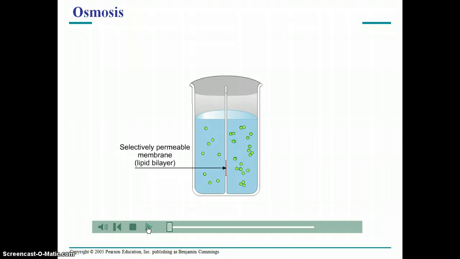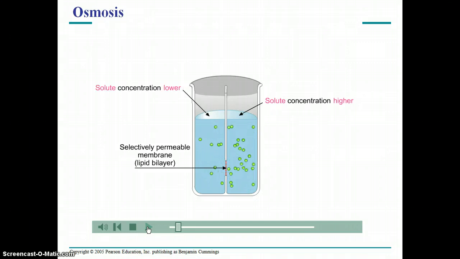A selectively permeable membrane prevents some solutes from crossing from one side of the beaker to the other. In this example, the concentration of solutes is higher on the right side of the membrane than on the left. This means that the concentration of water is lower on the right side than on the left.